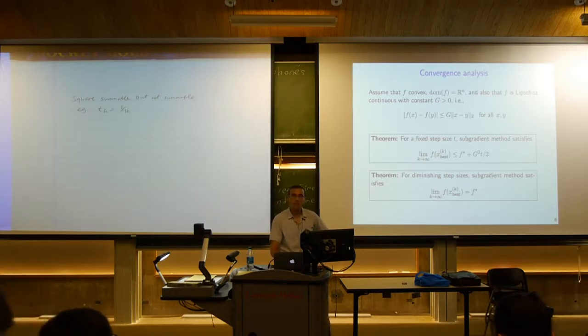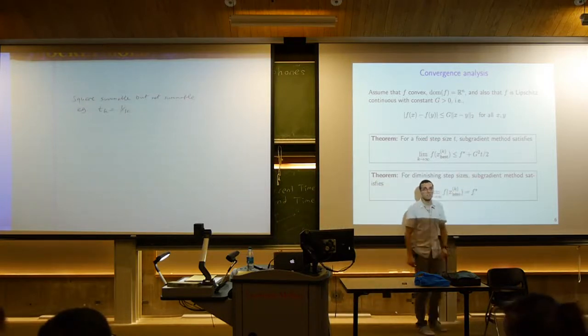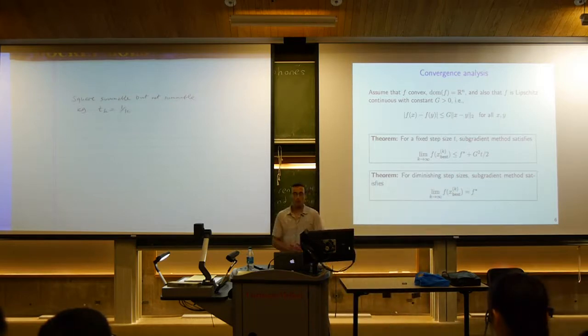So that just means that if you were to run subgradient method forever with a fixed step size 0.1, then you are guaranteed that in the limit you're going to get a 0.05 g squared suboptimal solution. It gives you a guarantee on how far you are from optimal. Making t smaller, of course, just makes that suboptimality gap smaller.